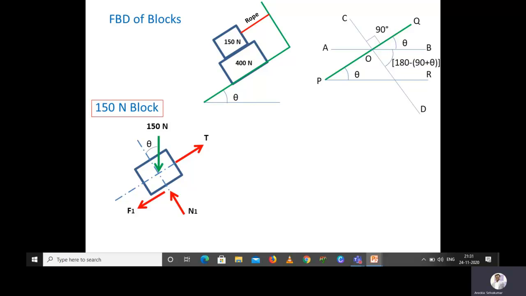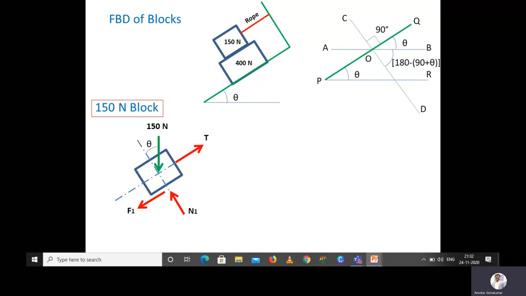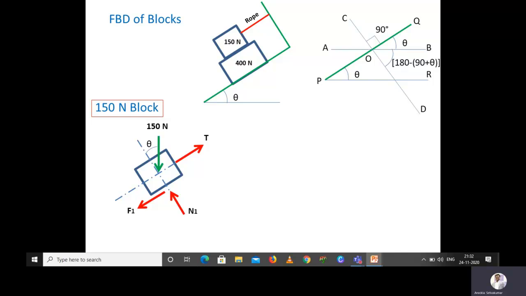If I want to calculate this particular angle, the CD line is a straight line, so its included angle is 180 degrees. In CD you have 90 degrees, that is COQ, and then you have theta, that is QOD. If I want the angle BOD, it is 180 minus 90 plus theta, which is nothing but 90 minus theta.